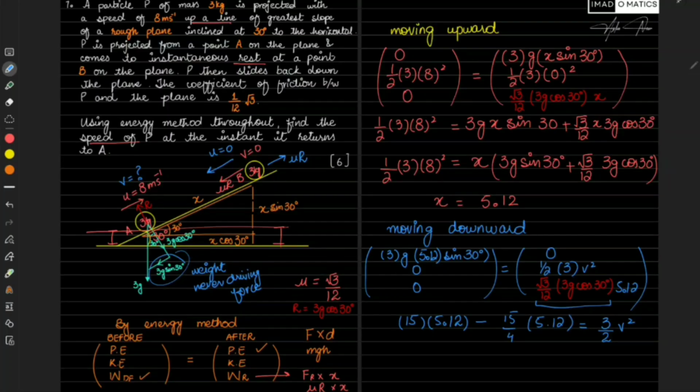Now calculate this to get v square, which would be 2 over 3 times 57.6, and 57.6 times 2 divided by 3 turns out to be 38.4 under the root, because this is your v square. So we get it to be 6.1967.